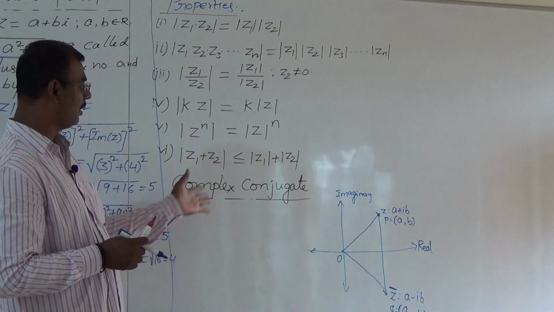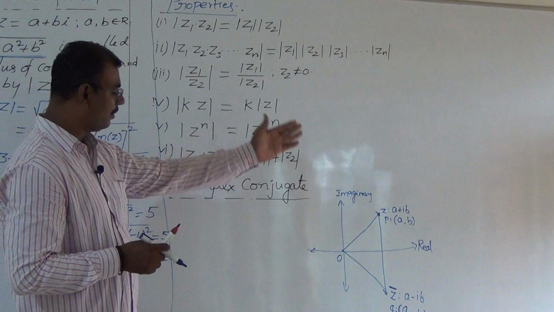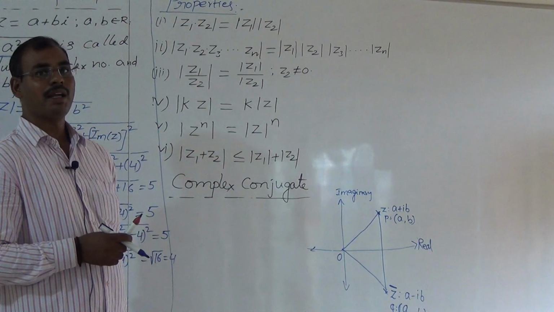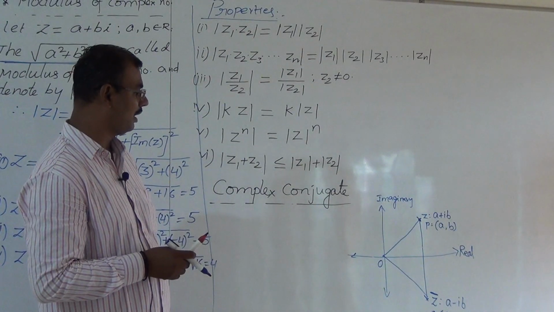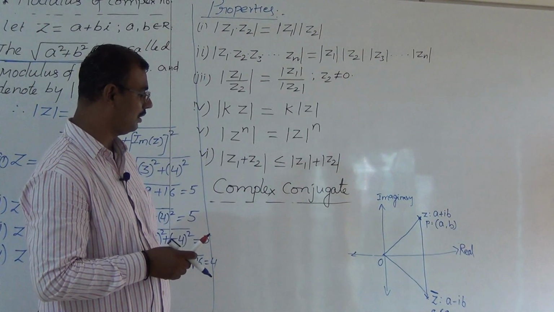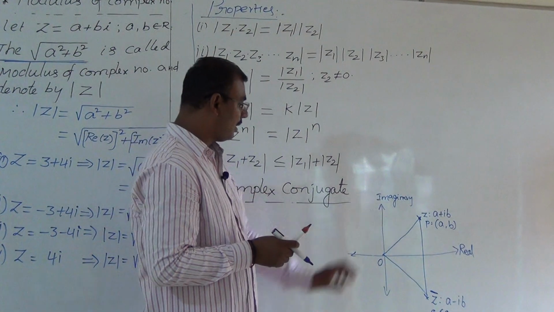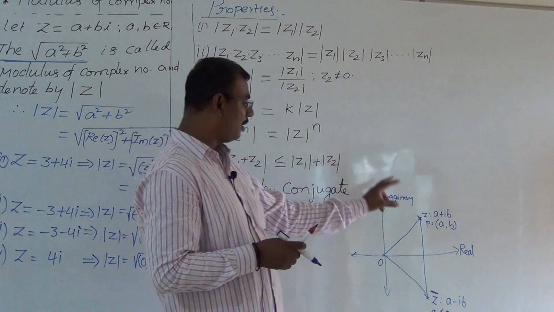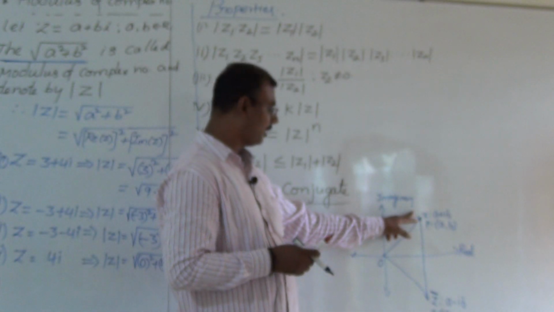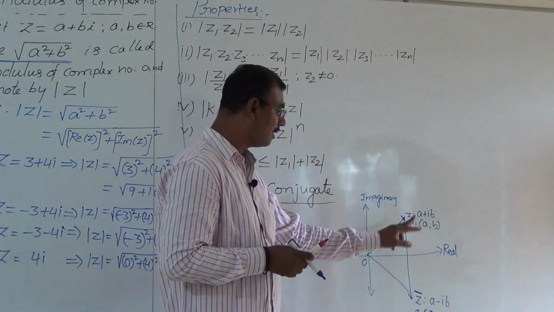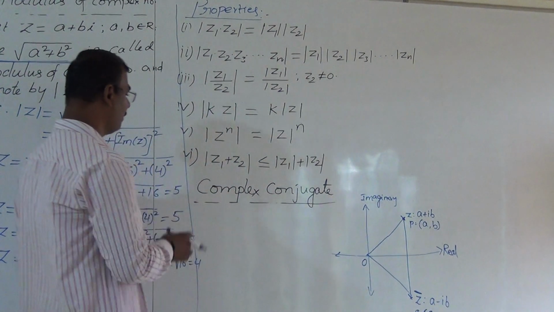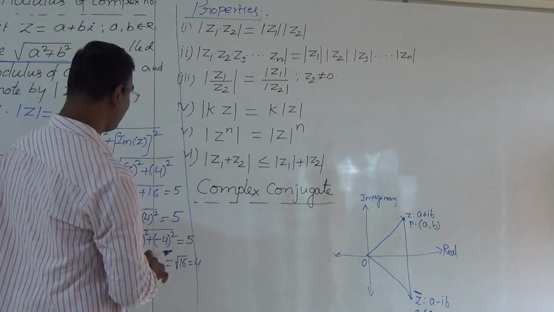Z is equal to a plus iota b and z bar is equal to a minus iota b, and it is obtained from the point P by taking its reflection in the real axis.